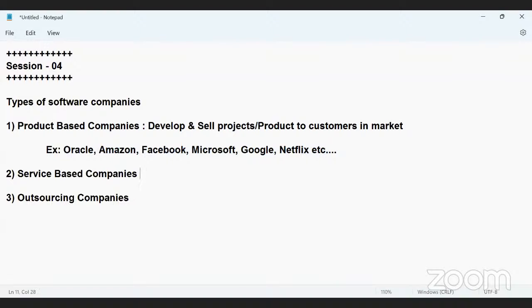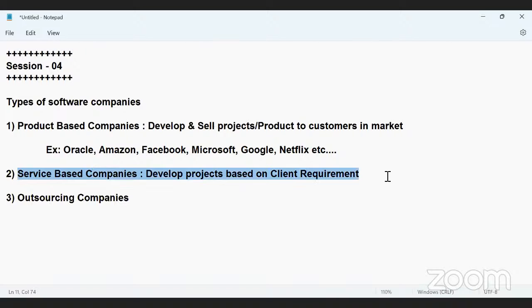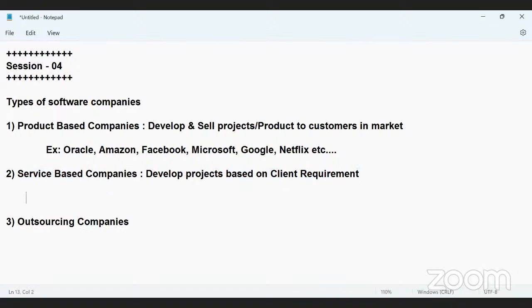Service-based companies develop projects based on client requirements. Suppose somebody wants to start an e-commerce business, the customer needs one project. Based on the client-given requirements, these companies develop the projects. Those are called service-based companies. What are the examples for service-based companies?